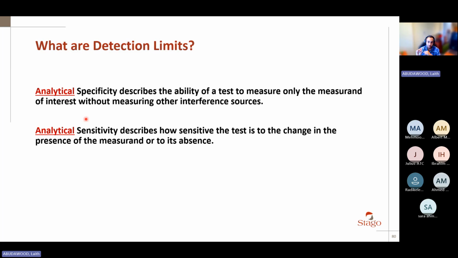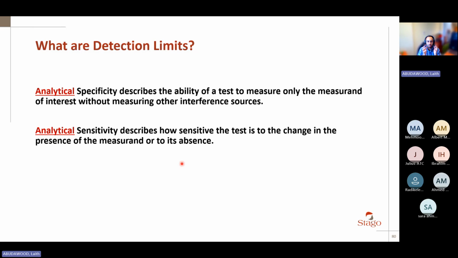There's also diagnostic specificity, a completely different concept. Analytical sensitivity is how sensitive the test is to a change in the presence or concentration of the measurement. For example, when I want to measure drugs of abuse, for every 10 units of change in the drug concentration, my test changes by a very tiny amount that maybe my machine cannot even measure accurately.